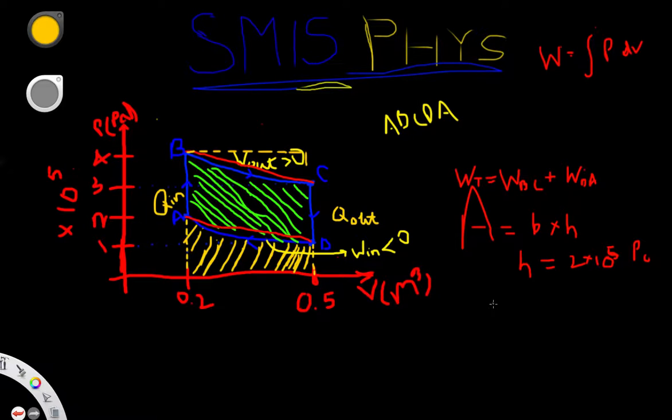So the base is equal to 0.3 meters cubed.